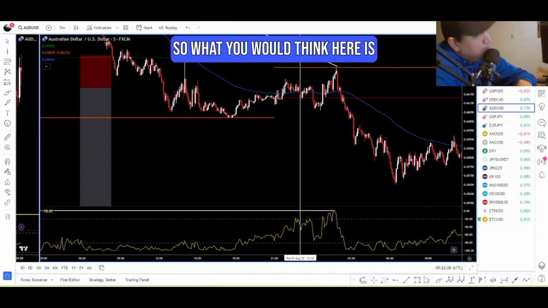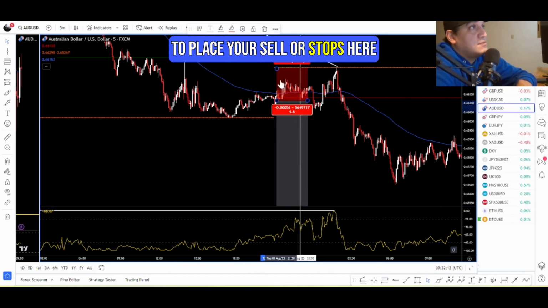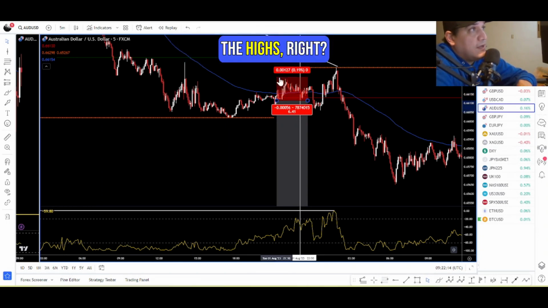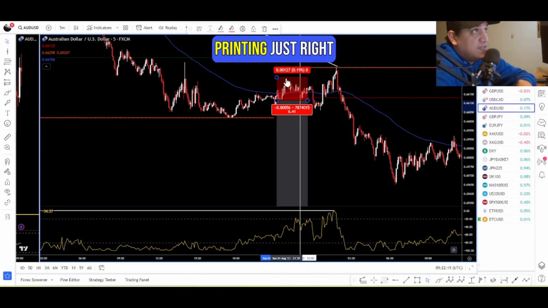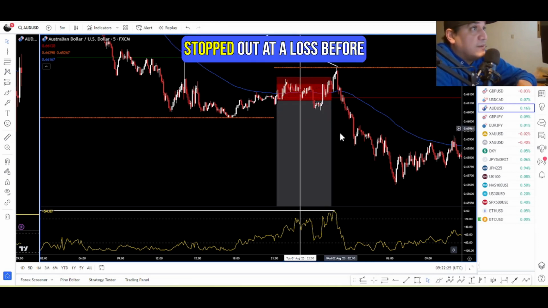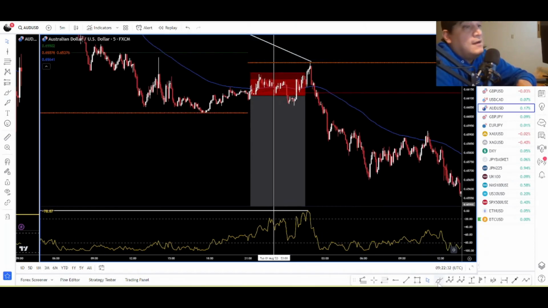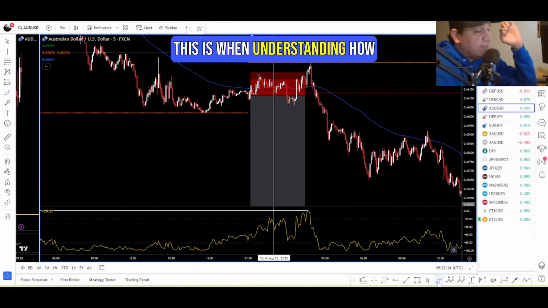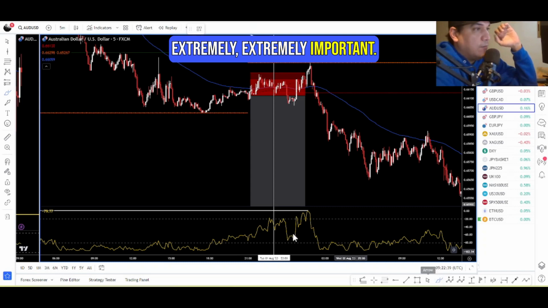So what you would think here is to place your sell stops here and your stop losses above the highs, because this orange line was printing right at the highs. And you would have been stopped out at a loss before the actual move happened. This is when understanding how to read this oscillator becomes extremely important.